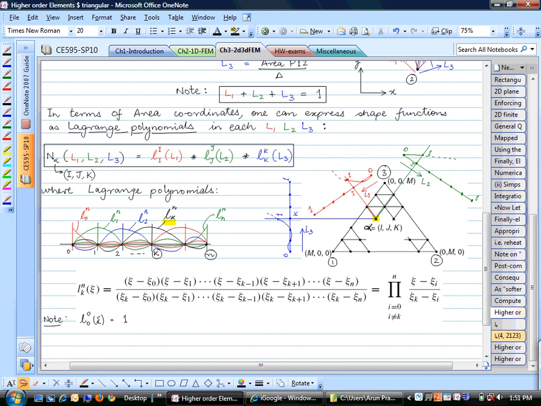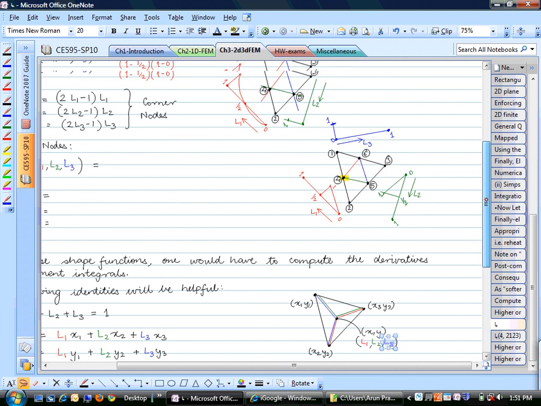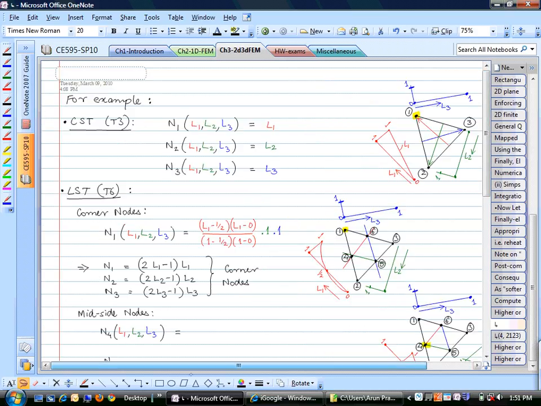And let's take an example that might make it a little more clear. So in this case, this is our favorite T3 triangle. And let's take a look how to construct the shape functions. We already know what the shape functions are for this. But let's see if whatever we have just described is consistent with the T3 triangle that we had.